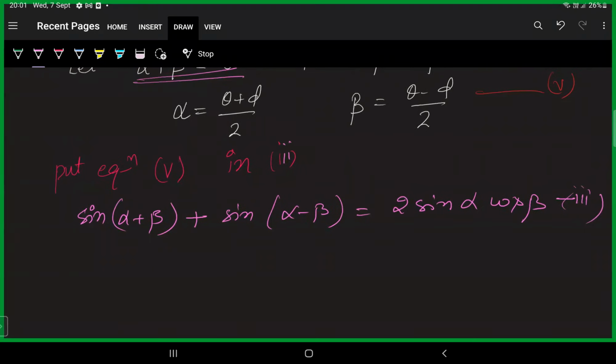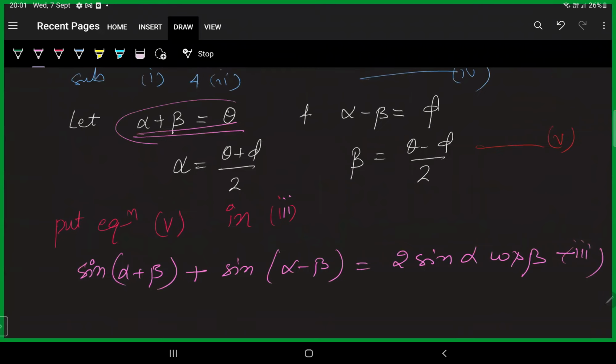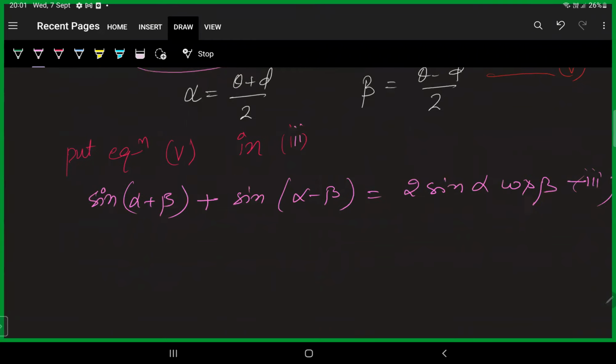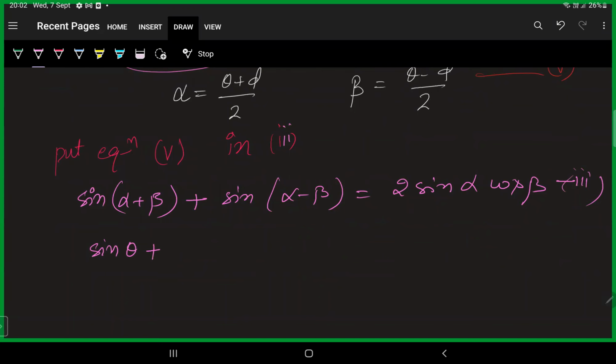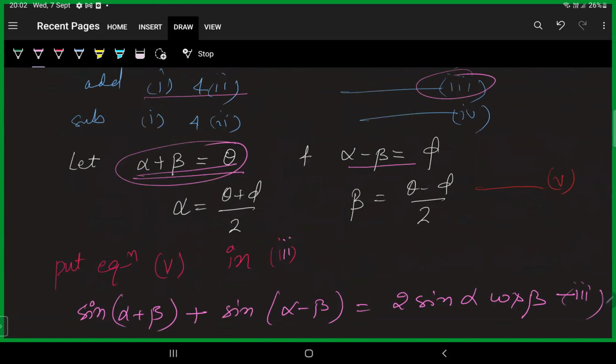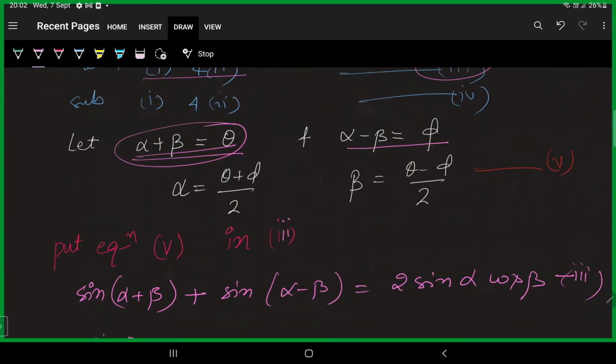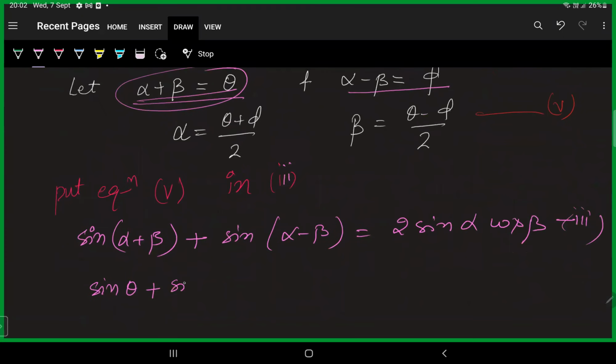Now you see alpha plus beta is what we have assumed, theta, right? So we can write sine theta plus sine alpha minus beta, which we have assumed phi, right? So we'll write sine phi.